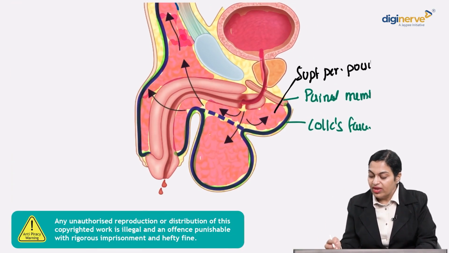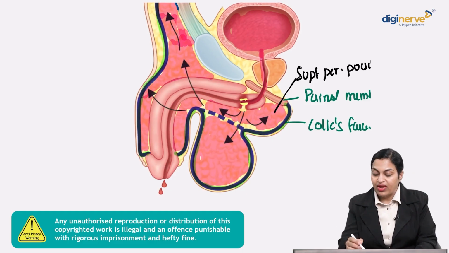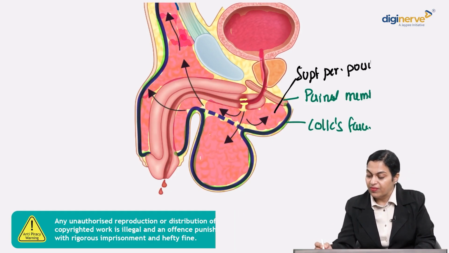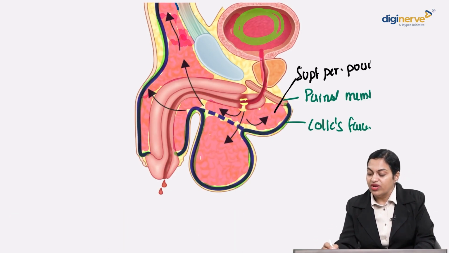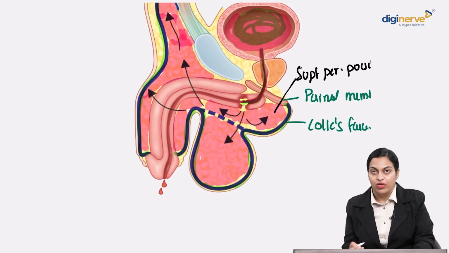So here, in this case, you see a rupture of the bulbar urethra. The urine from the urinary bladder has passed through the prostatic urethra and the membranous urethra to the bulbar urethra.